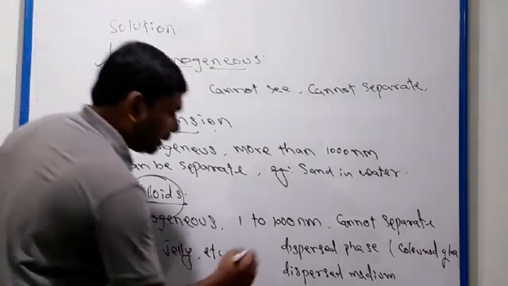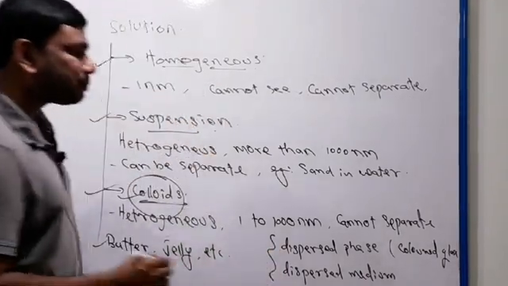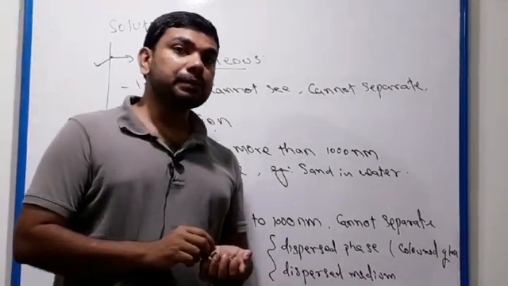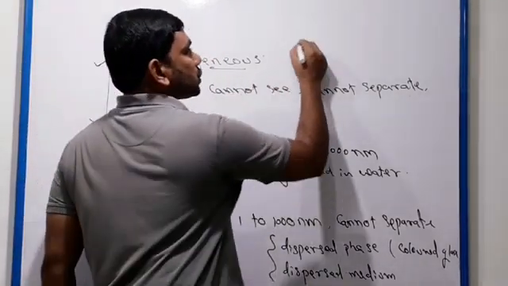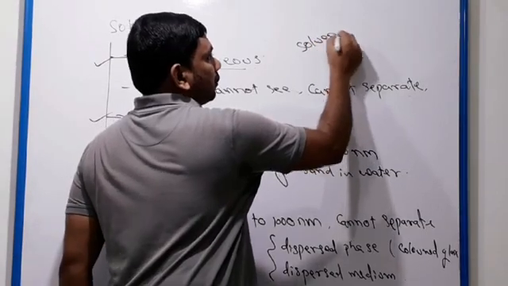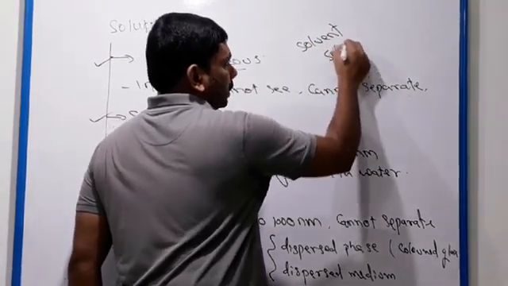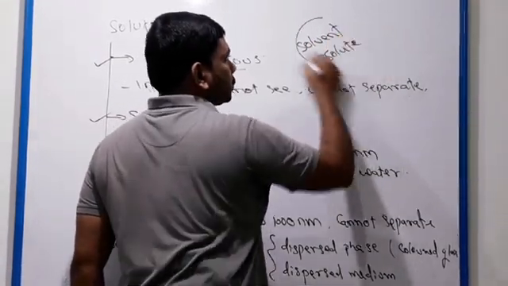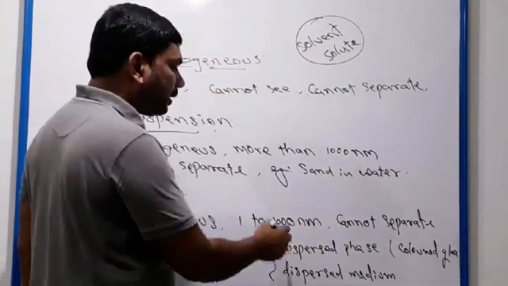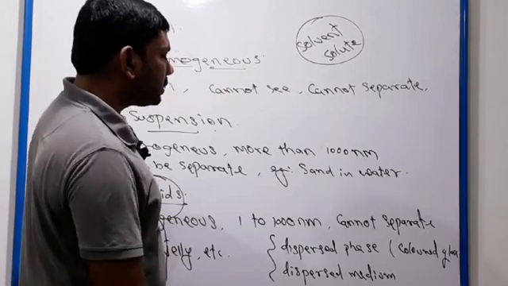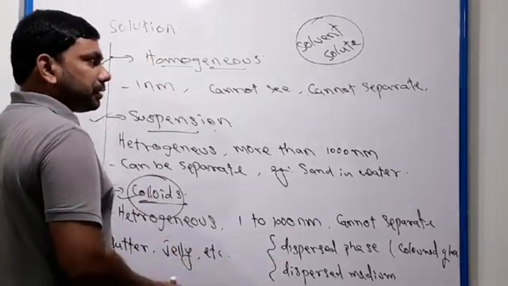In a colloid there are two terms, dispersed phase and dispersed medium. You know, in a solution there are two terms, solvent and solute. Similarly, we have dispersed phase and dispersed medium.